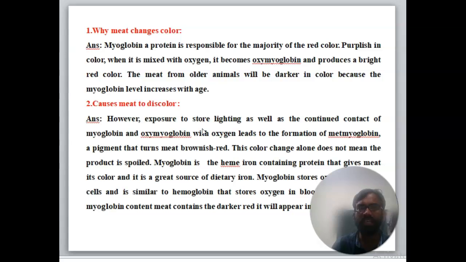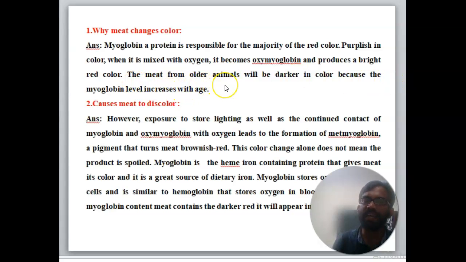Now you can see why meat changes color. A general question: meat is a major source of protein, and the major part is myoglobin. Why does meat contain red color? Because the myoglobin protein is responsible for the majority of the red color. It is purplish, and when mixed with oxygen it forms oxymyoglobin and produces the bright red color.